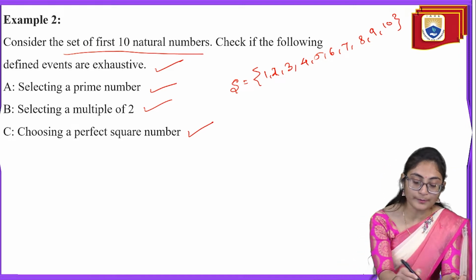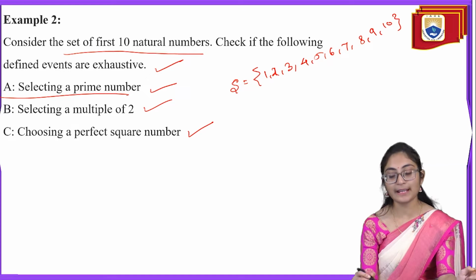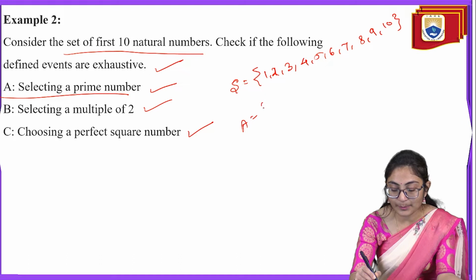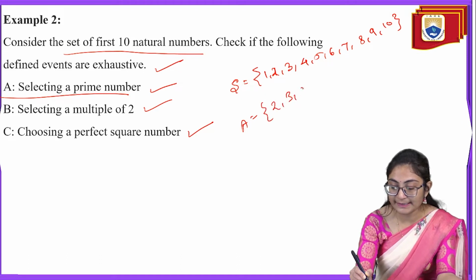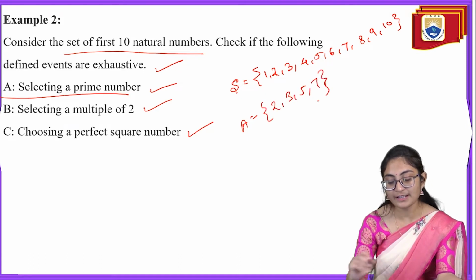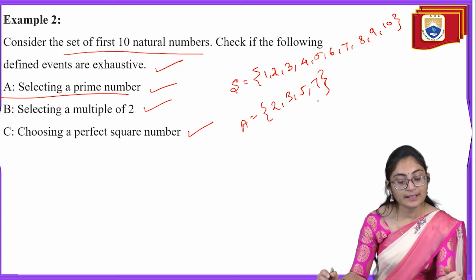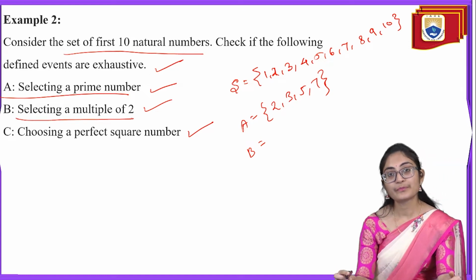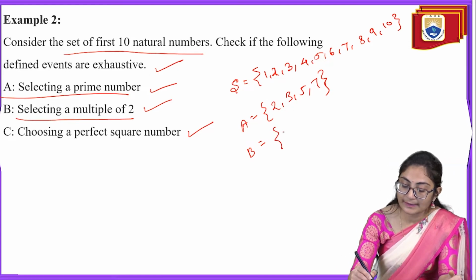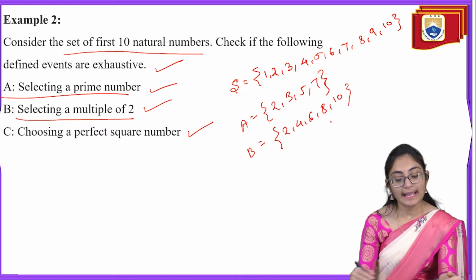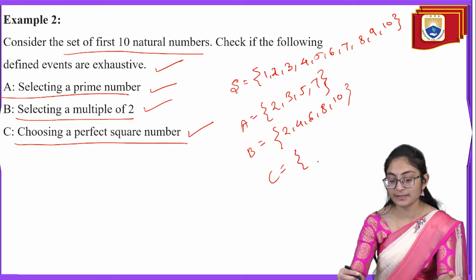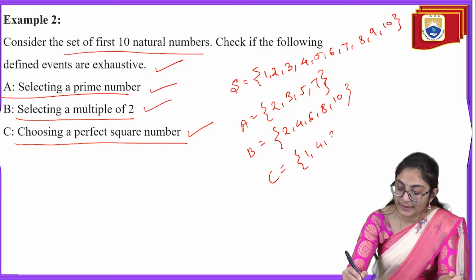Now we have to find event A, selecting a prime number. Selecting a prime number means 2, 3, 5, 7. These are your prime numbers. Now, B event is asking for a multiple of 2. Multiple of 2 means 2, 4, 6, 8 and 10. And then C event, choosing a perfect square, means 1, 4, 9.